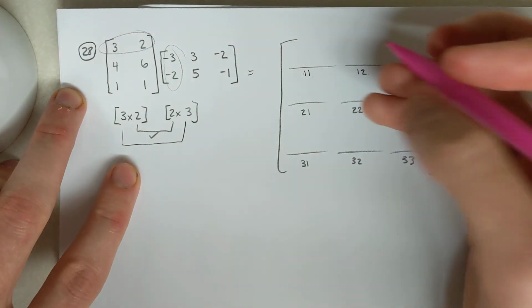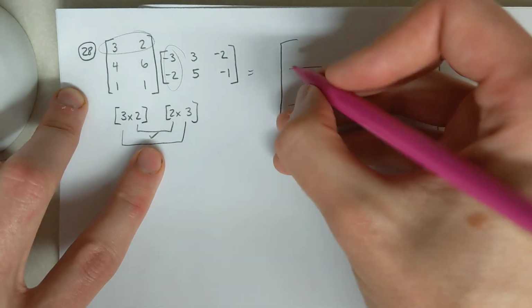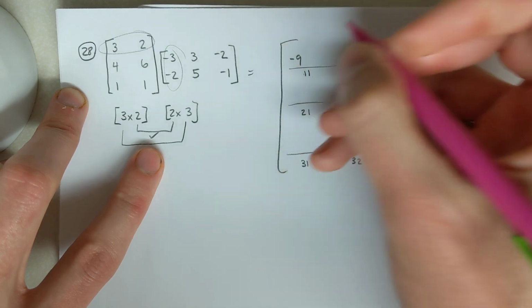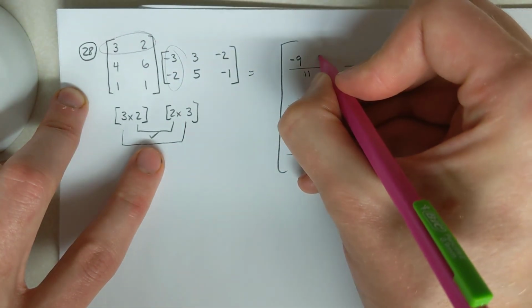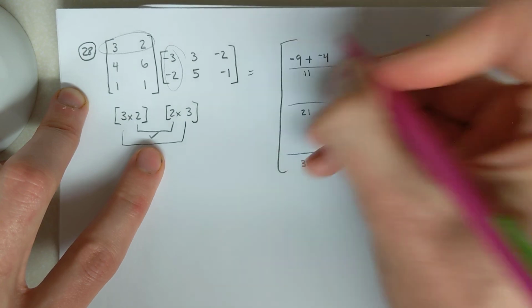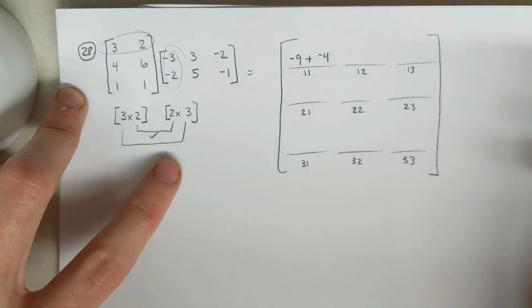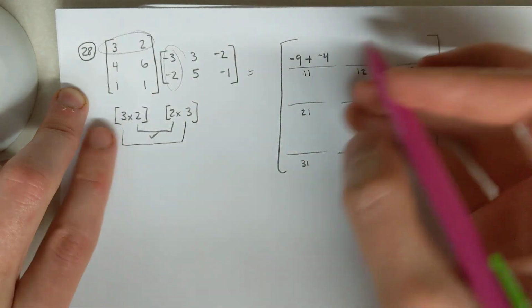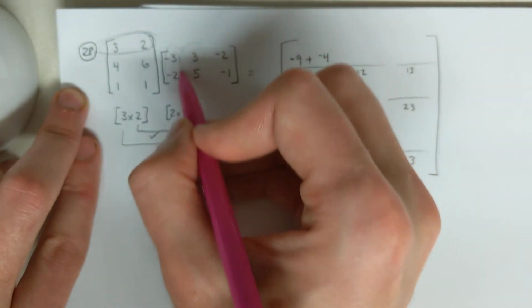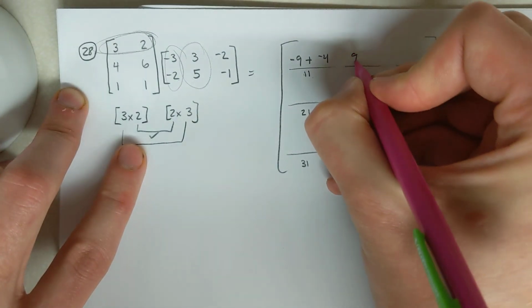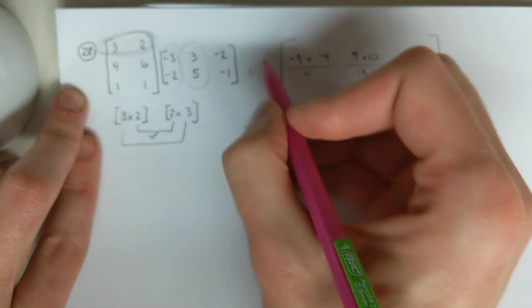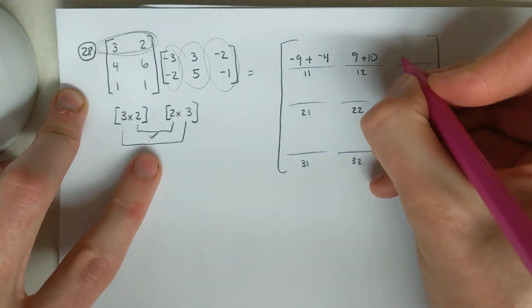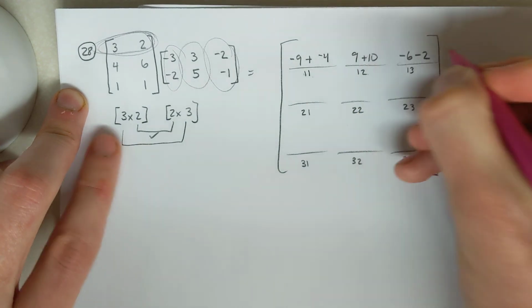So 3 times negative 3 is negative 9, and 2 times negative 2 is negative 4, and we add those. Okay, same process just continues. First row, second column, 9 plus 10. First row, third column, negative 6 minus 2.